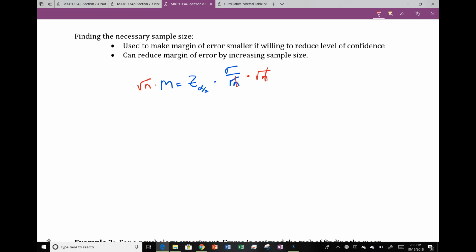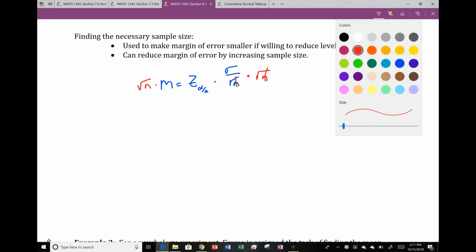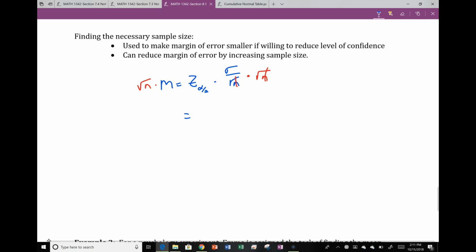When I do so, that eliminates it on the right side of the equation, leaving me now with our critical value times the standard deviation on the right side and the square root of n times our margin of error on the left side.